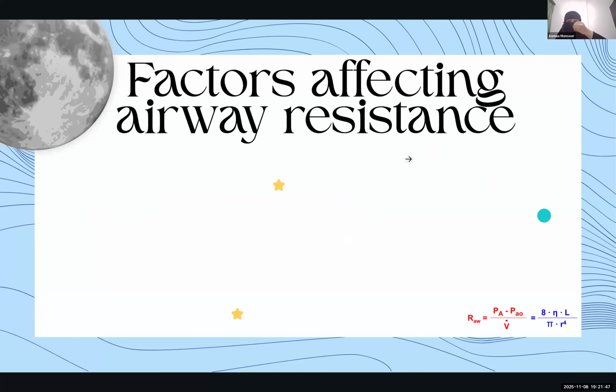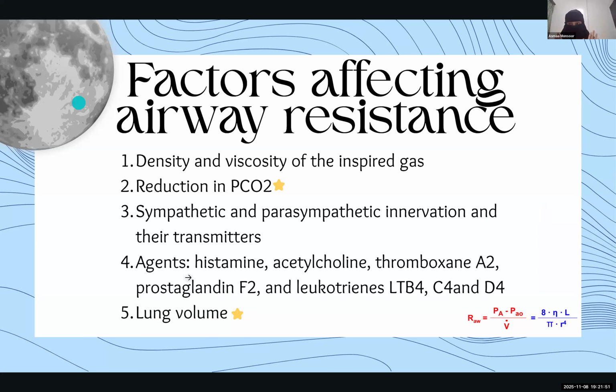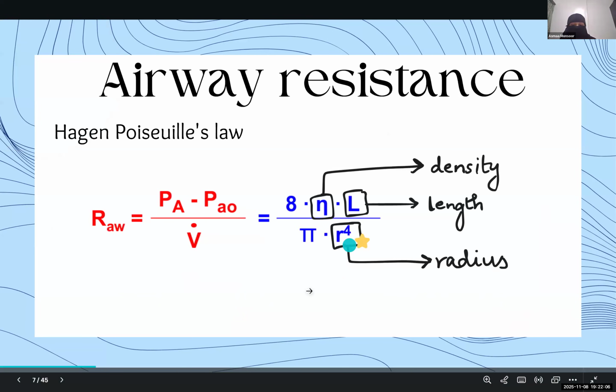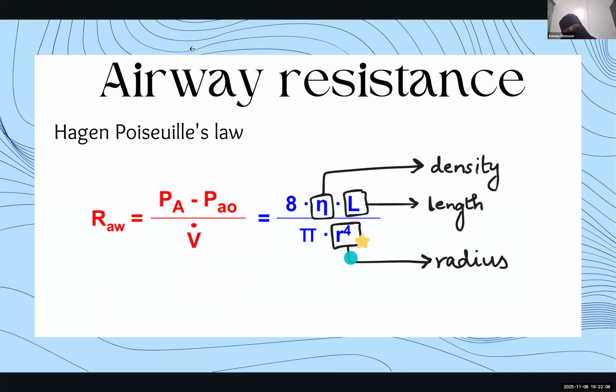It's by changing the smooth muscles, either they contract or relax in the bronchi itself, right? So the bronchi, we know that it has smooth muscles. It can either contract or relax. If it contracts, that means the radius is going to become smaller. And if the radius is going to become smaller, what happens to the resistance, guys? What do you think would happen?